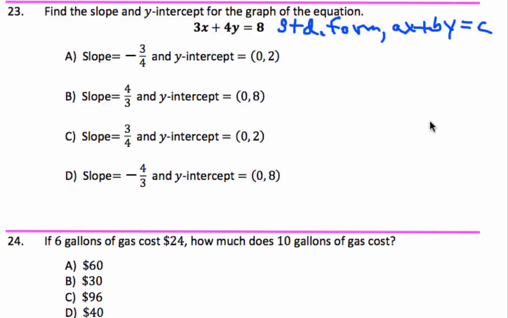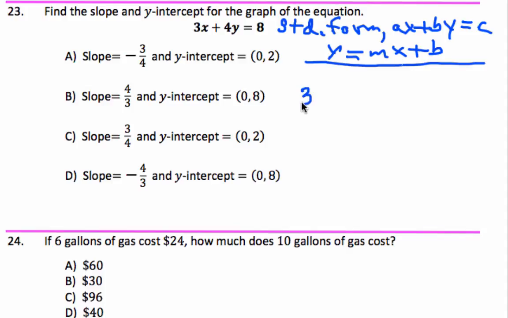Now, to find the slope and y-intercept, you need the equation to be given in the slope-intercept form, which is y equals mx plus b. So what we're going to have to do in this problem is convert the standard form into the slope-intercept form. In other words, we're going to solve for y.